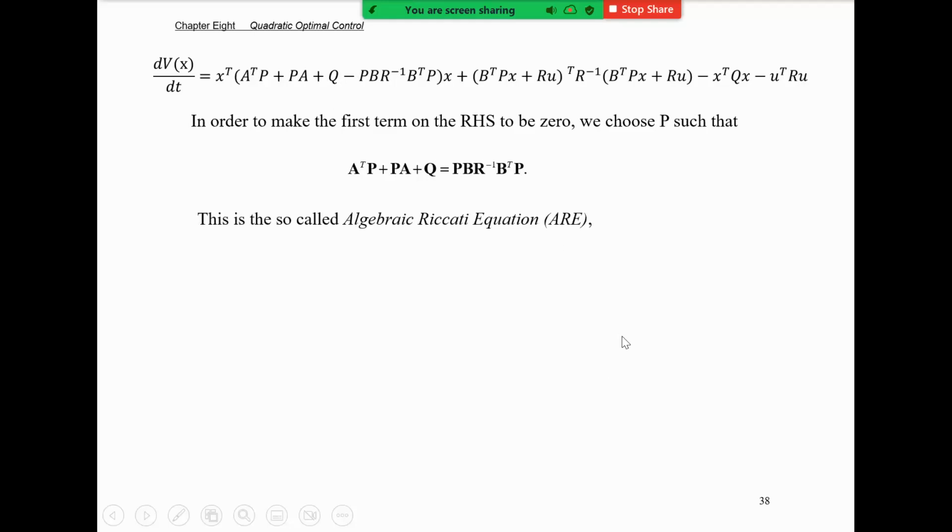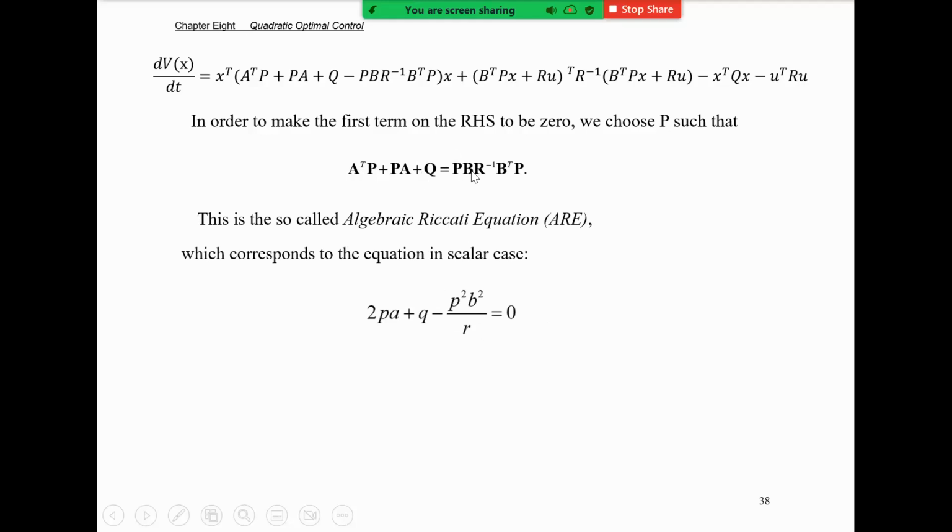This is what we call the algebraic Riccati equation. If you recall what we did for the scalar case, that corresponds to the scalar case. A transpose P plus P times A, in the scalar case, is just 2PA, because those two are the same if they are scalars.